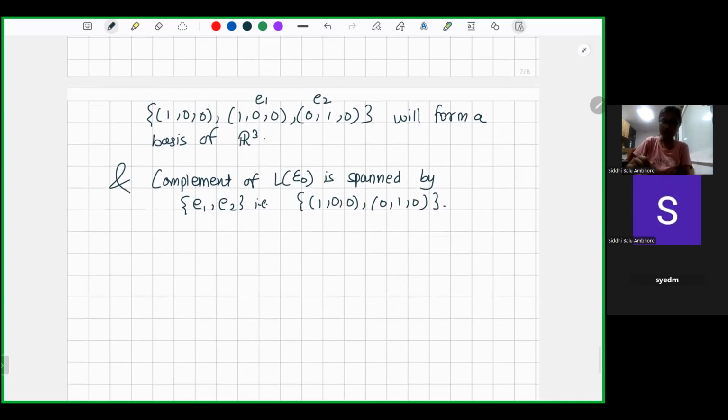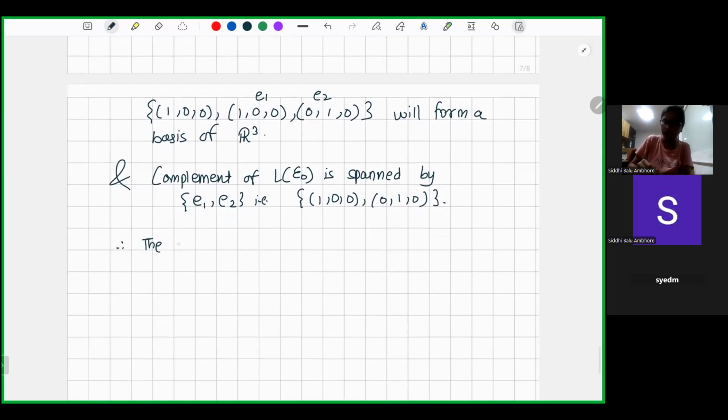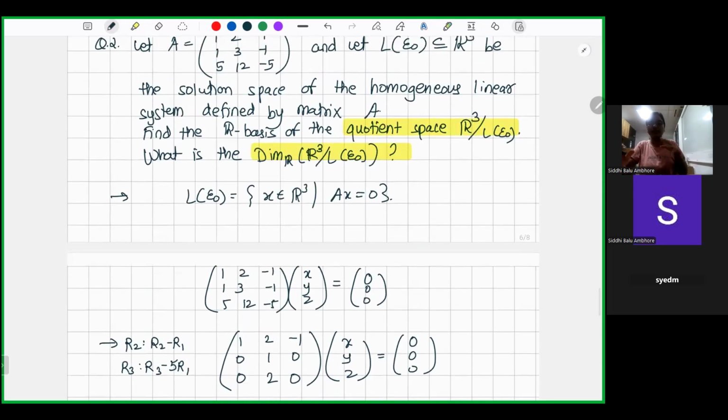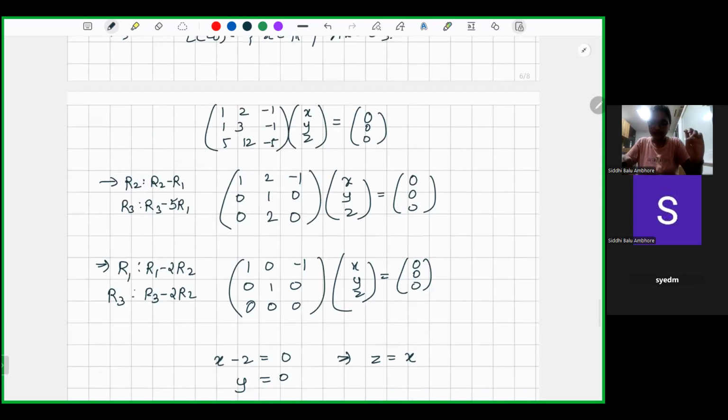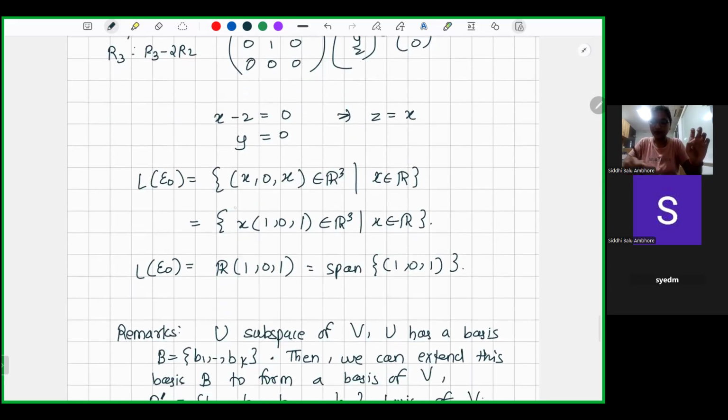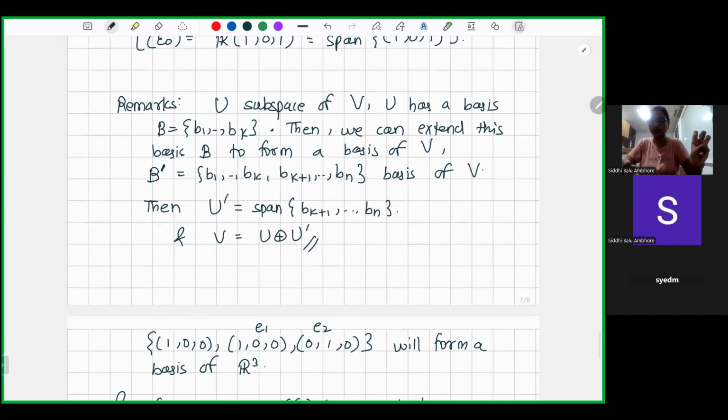So therefore, note that here I'm not writing transpose or anything every time. I mean, you understand, right? R3 as a column and row space, I'm considering equivalent. Here we are looking at it as a column, and here I'm writing them as rows, but I hope you understand what I mean.